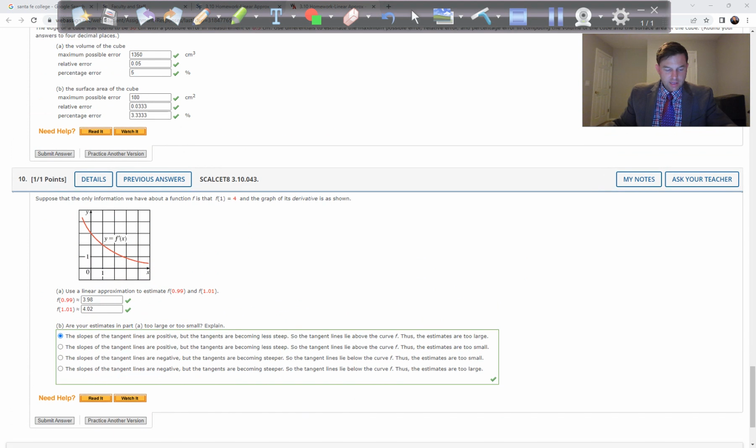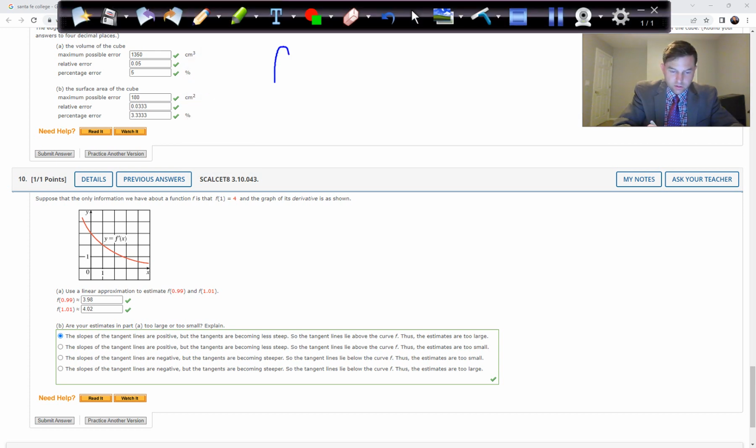Okay, problem 10, they give us a curve, and now the tricky part of this curve is not the function, it is the curve of the derivative of the function. So it says, suppose that the only information we have about a function f is that f of 1 equals 4. But then they give us the derivative, so f prime at 1 equals what?